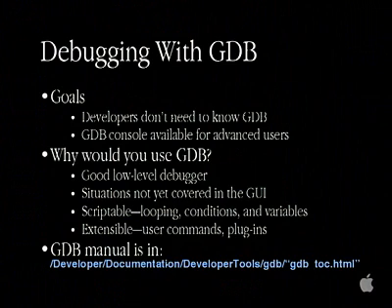So even if Project Builder reaches the stage where it has everything possible you could want, you still might want to use GDB. There are some reasons for that. And then in its current state, there are reasons. So one, even with a beautiful UI, it's a good low-level debugger. And sometimes the kinds of queries you can make with a command interface can be more precise than you can make with a UI. So it's good to have it there for that.